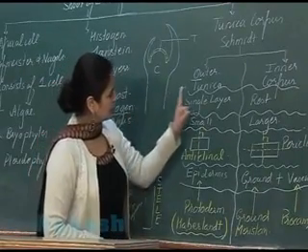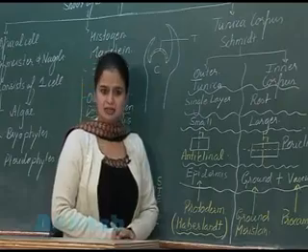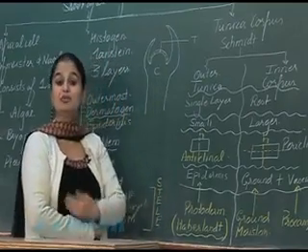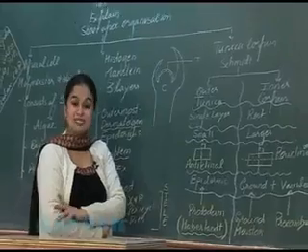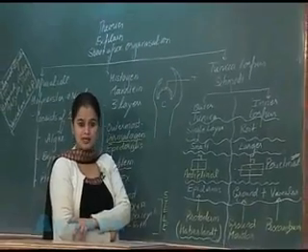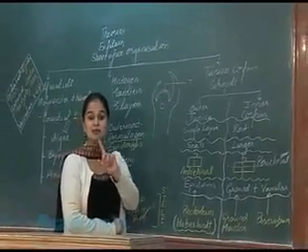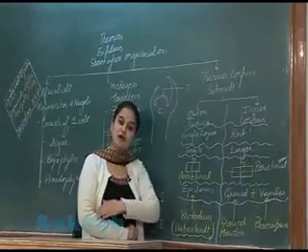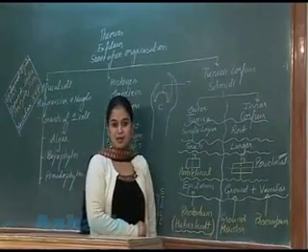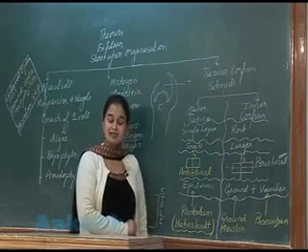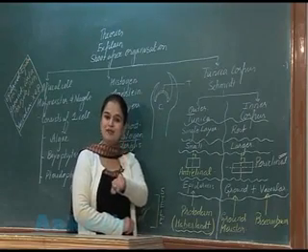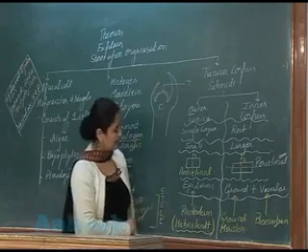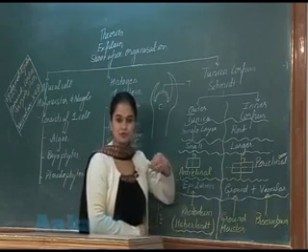Now, generally the tunica is a single layer, but sometimes the tunica can be more than one layer. If the tunica is more than one layer, then it does not mean it will form multi-layered epidermis. It will be involved only in the formation of epidermis. In that case, only the outer layer forms epidermis and the inner layers will form part of the ground tissue.